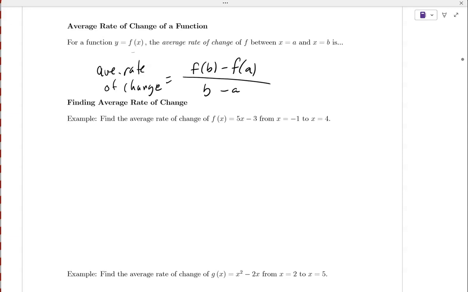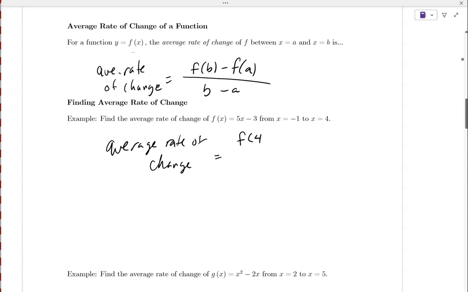So if we want to do this for these examples that we have down here, I want the average rate of change of f of x equals 5x minus 3 from -1 to 4. What do we plug in first? 4.